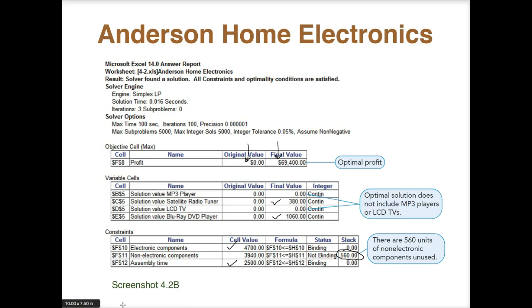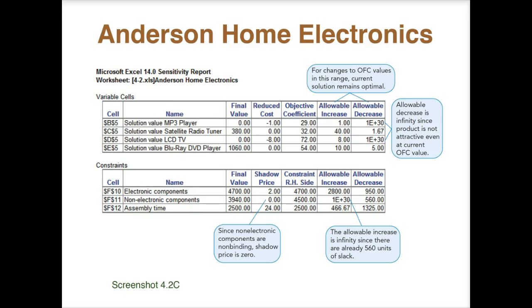So basically, we could reduce the amount of non-electronic components that we need by 560 units, and it still wouldn't change our profits. Okay. So this is the type of information that the answer report gives us.